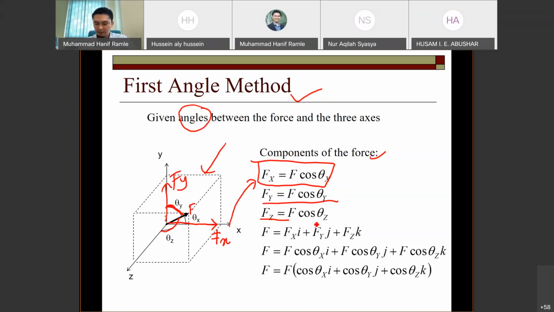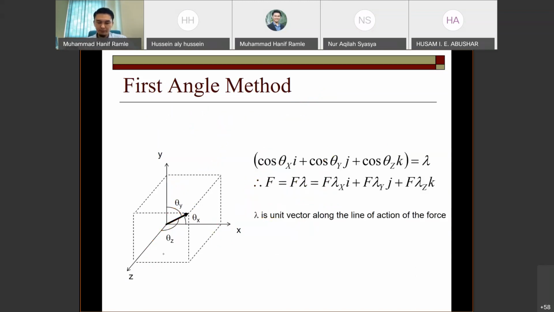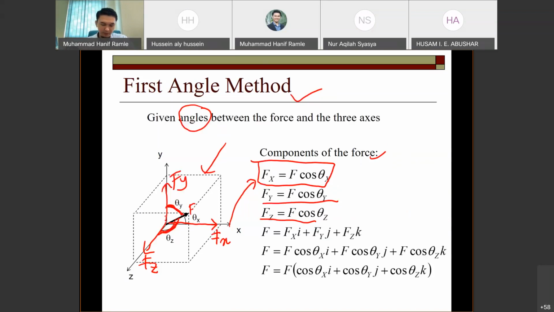And similarly for Fz, you have to use theta z here to resolve Fz. So in the end of the day, you will get the final form in IJK form.